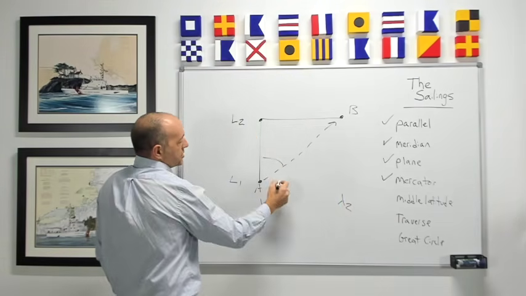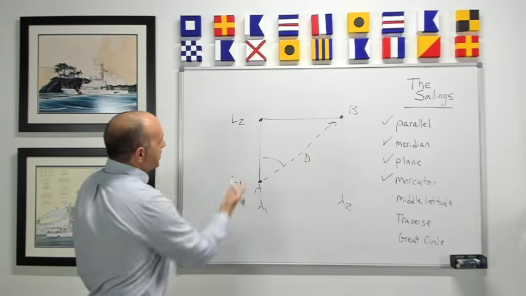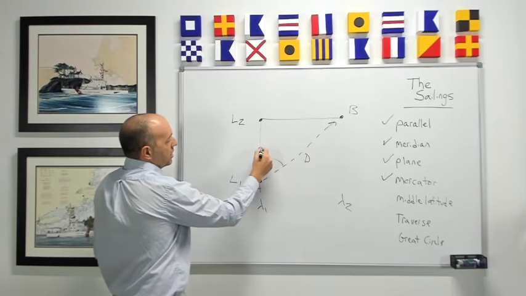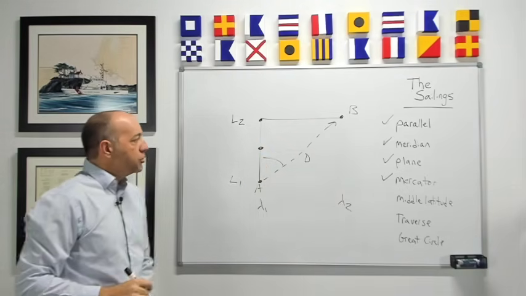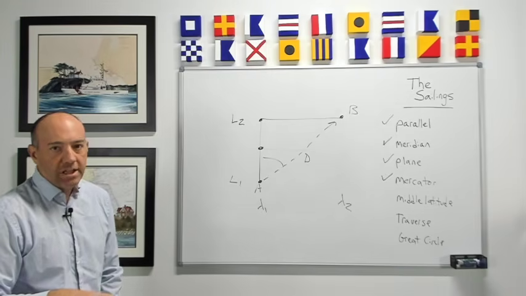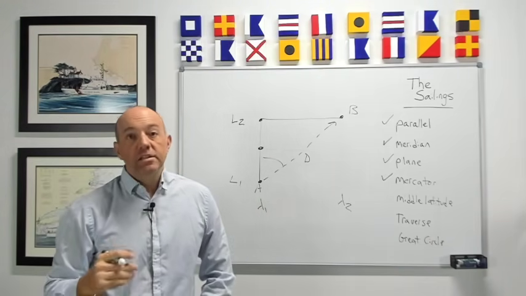You've got your course, you've got your distance, but what it does instead is it assumes that you can average out these latitudes and use that average to plug into a different formula to estimate your distance and your course in a cleaner manner.